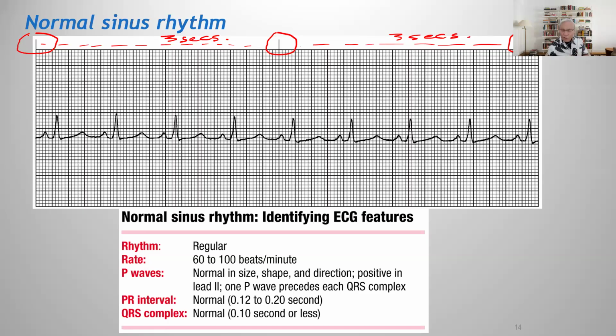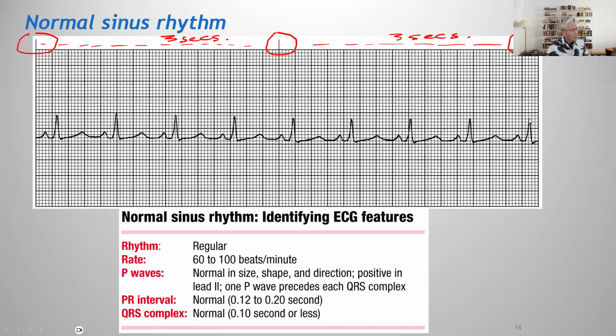So the easy way in NCLEX is to look at the electrocardiographic paper, and they usually are going to give you 6 seconds of a strip. You count the number of complexes in that strip, and that would be your 6-second rate. You multiply it by 10, and that would be your minute heart rate.